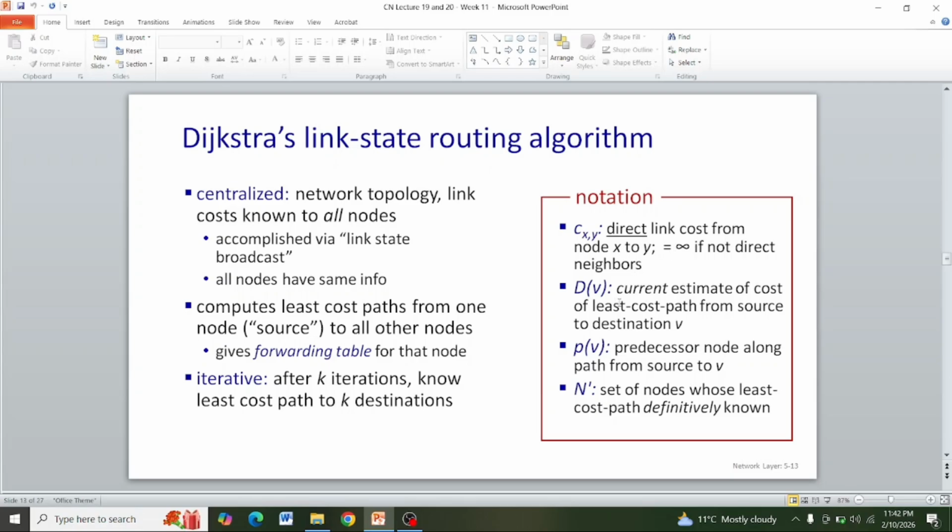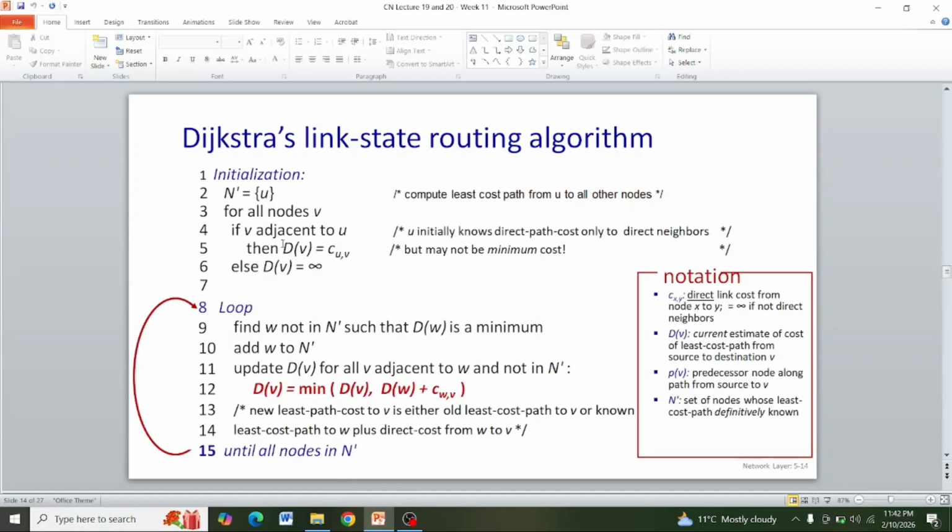D(v) denotes the current estimate of the cost of least cost path from source to destination v, and p(v) denotes the predecessor node along the path from source to v, whereas N prime is the set of nodes whose least cost path is definitely known. This is the algorithm. It has initially two phases.